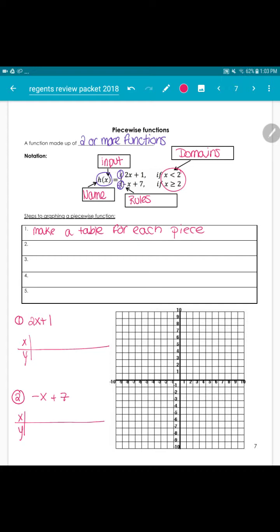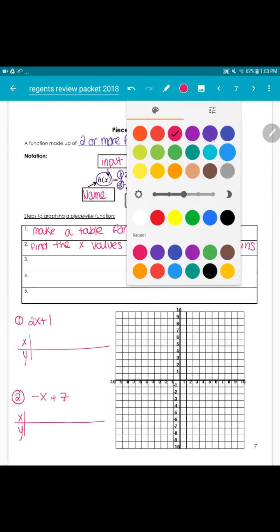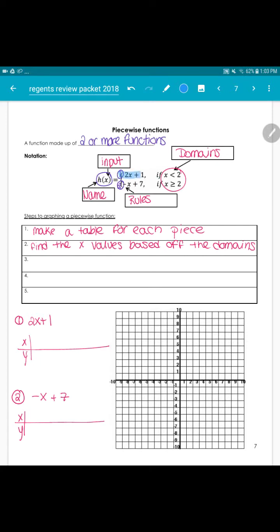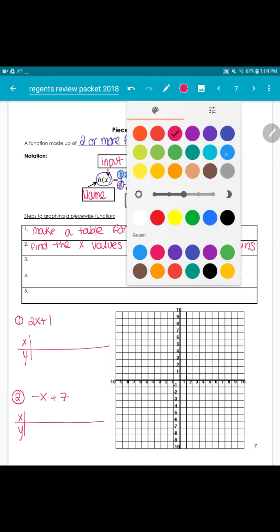Okay, so second step is going to be to find the x values based off the domains. Okay, so let me change the color here. For the first piece, our domain is x is less than 2.